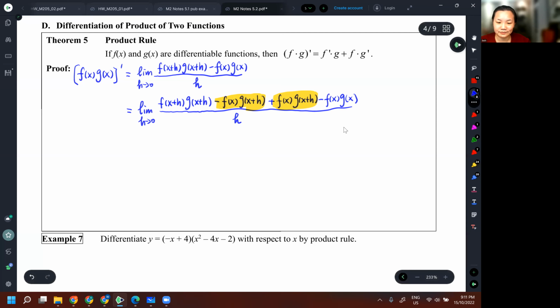Okay, now it's the limit as h goes to 0. I'll put the first together, and the second limit. I'll take out f of x, but I will have g.